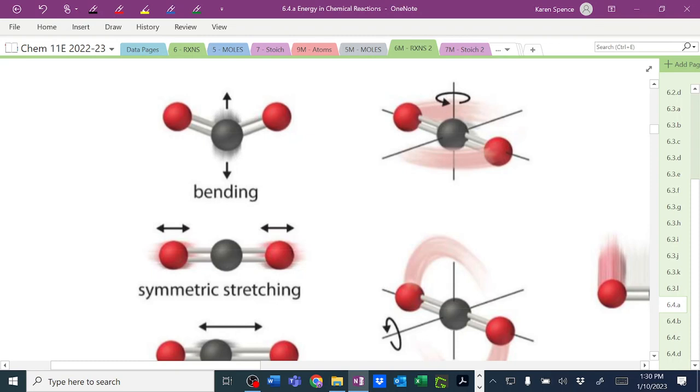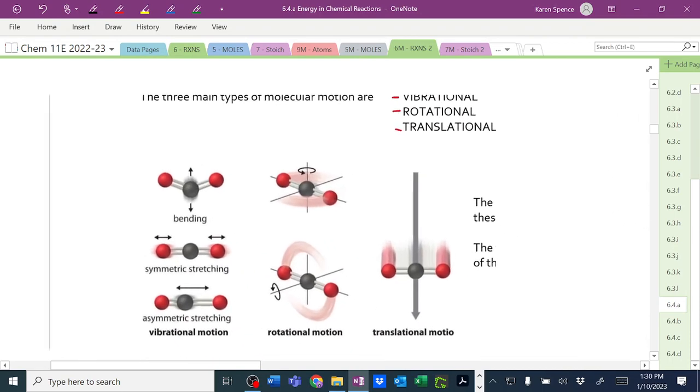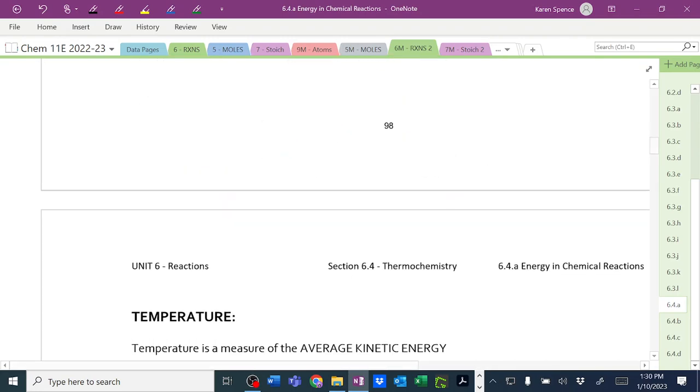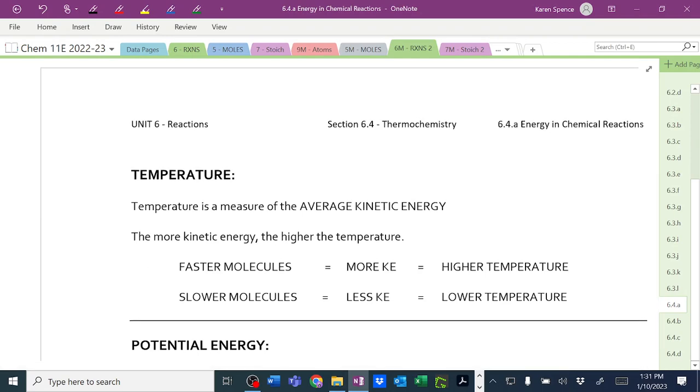So here I am, rotating and vibrating and moving in space. Okay? So that's a lot of different types of motion. Like I said, you don't need to know that, but it was a lot of fun and my shoulders feel like they've had a nice little stretch. So there we go.